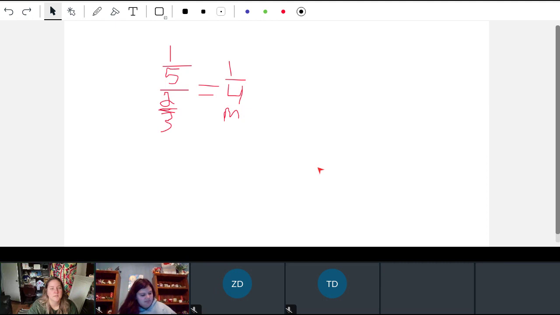Okay, let's see. Oh, here, draw your fraction line right there.